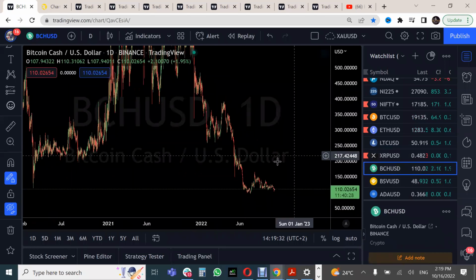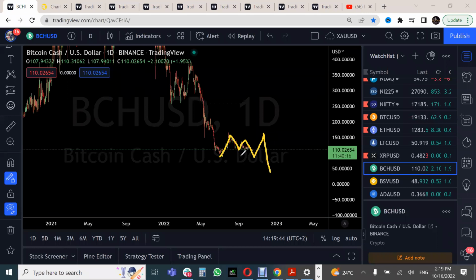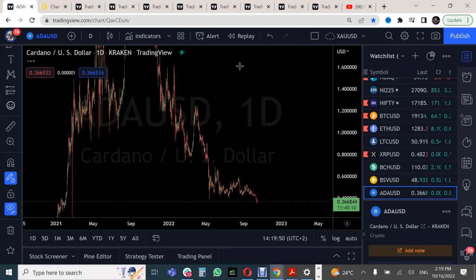Bitcoin Cash. Okay, let's have a look here. Bitcoin Cash, similar to Bitcoin, same structure really. We could get this one coming down here, take the low, make a move, and continue to the downside. So bearish on all the cryptocurrencies. Okay, ADA, we just look at ADA. Similarly, if we don't break below this level, there's a possibility for a bounce and then continue to the downside.